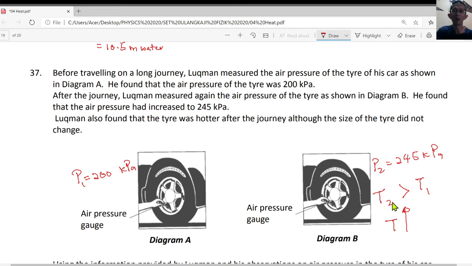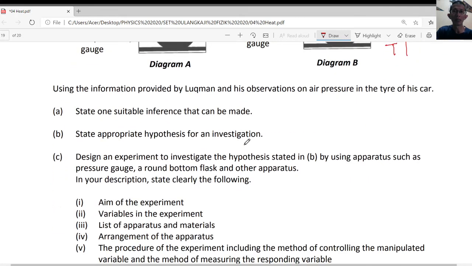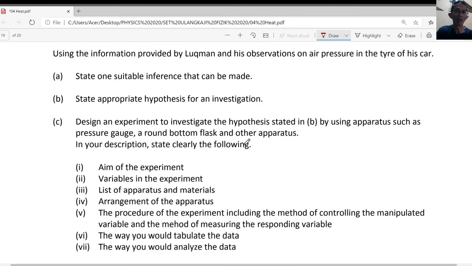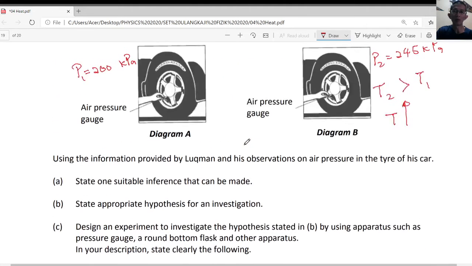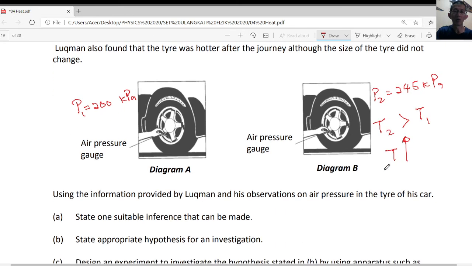For this question, you are to design an experiment. So just keep this in mind, I am going to investigate pressure and temperature. What is a suitable inference and hypothesis for this case?